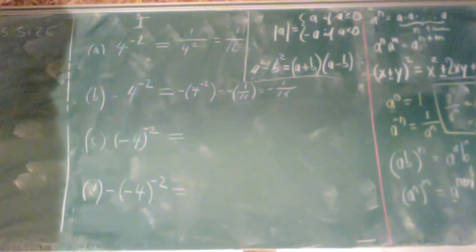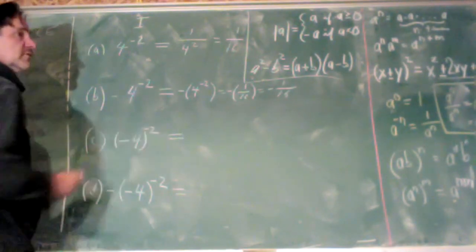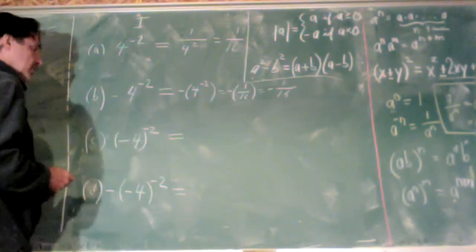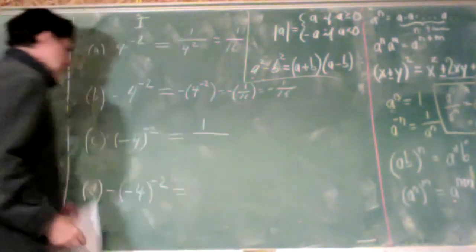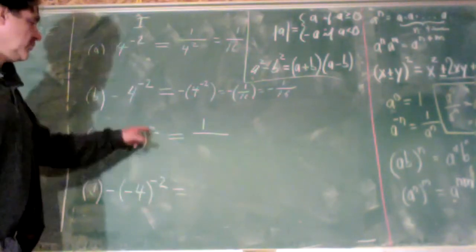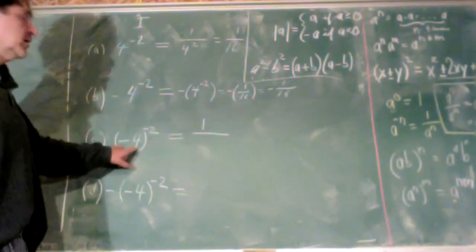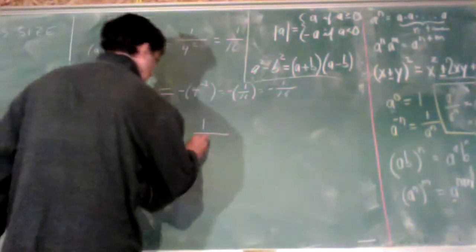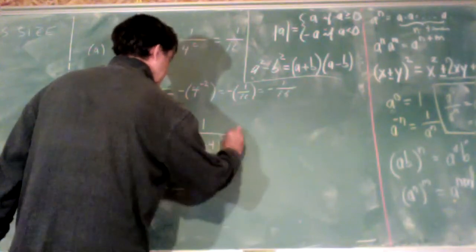C. In this case, the minus is within the scope of the exponent. Let's be careful to apply the definition correctly. So the definition tells us what? The quantity negative 4 raised to the minus 2 power is the same as the reciprocal of the quantity minus 4 squared.